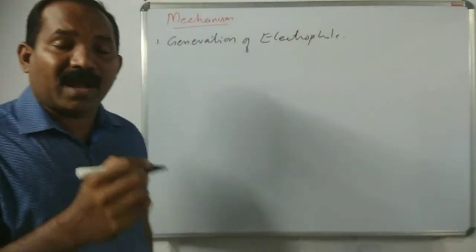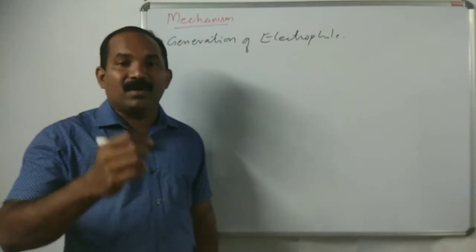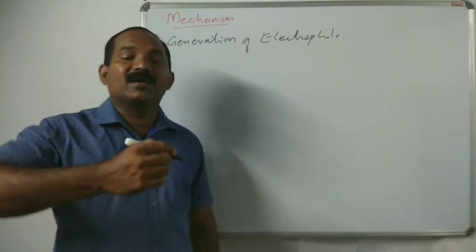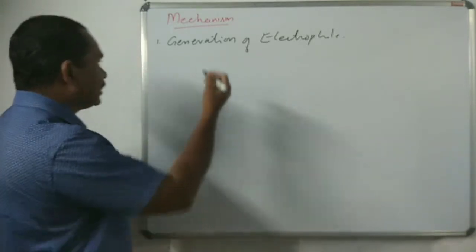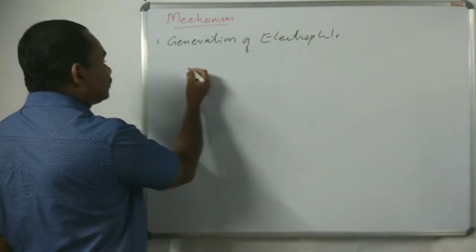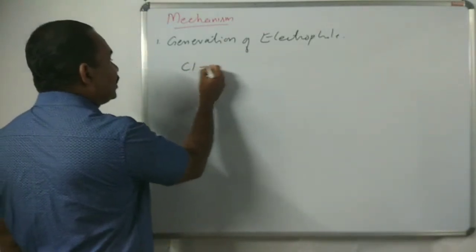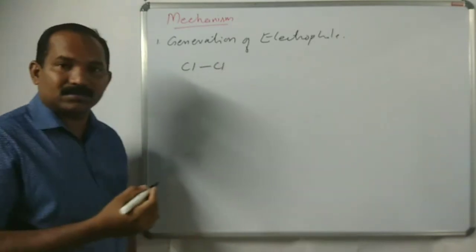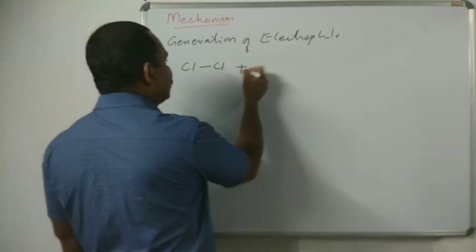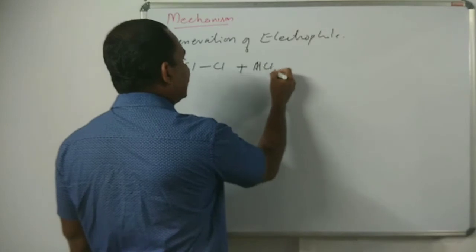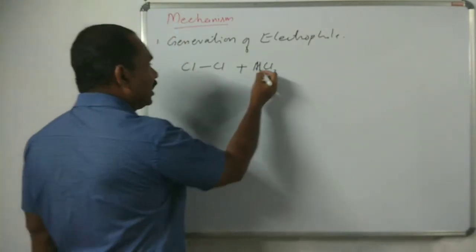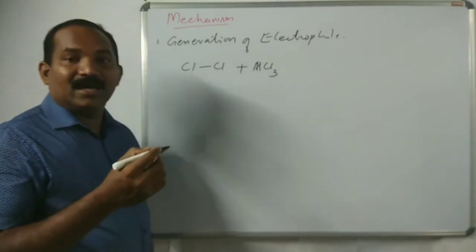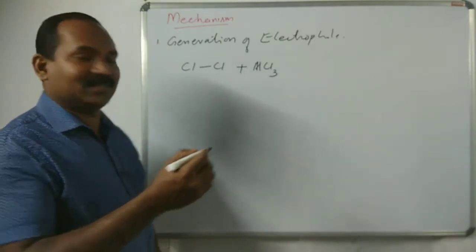In the case of halogenation, we discuss halogenation, nitration, alkylation, acylation, etc. In the case of halogenation, the chlorine molecule, the catalyst, you know, anhydrous AlCl3. AlCl3 is a Lewis acid.